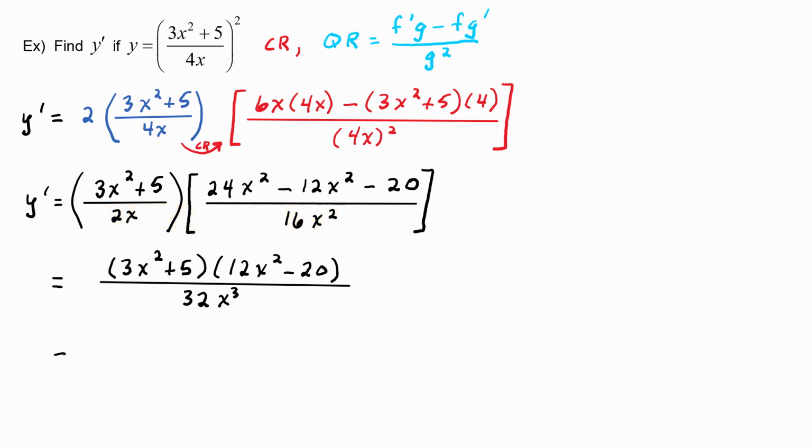We can continue to simplify, get this fraction bar. We've got the 3x squared plus 5. Then from this expression, we can factor out a 4, and we would have left 3x squared minus 5. And in the denominator, we still have 32x cubed.